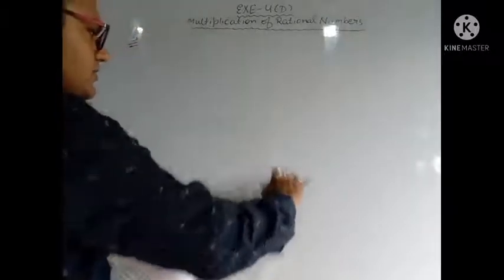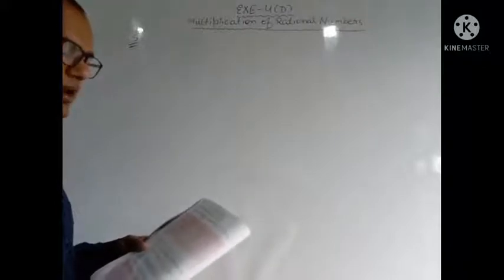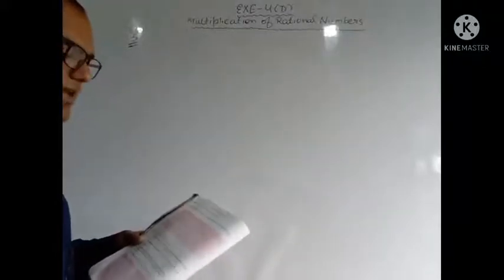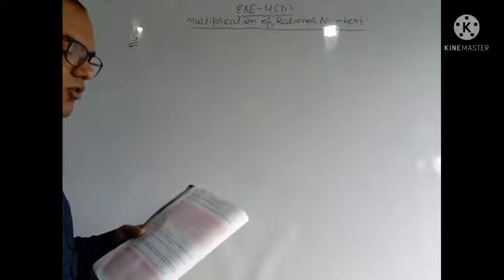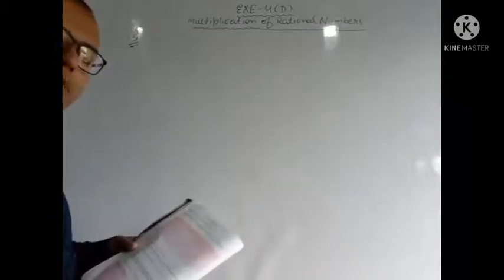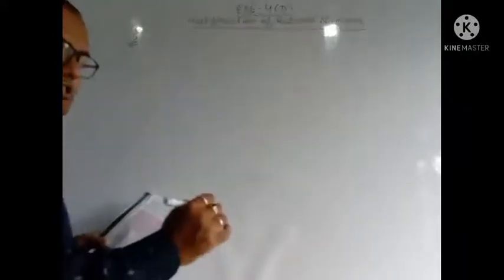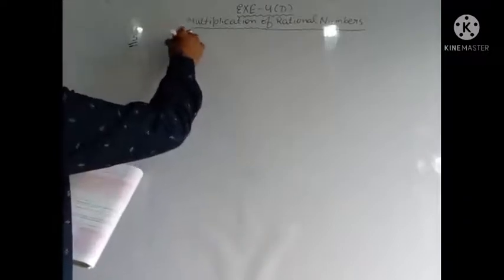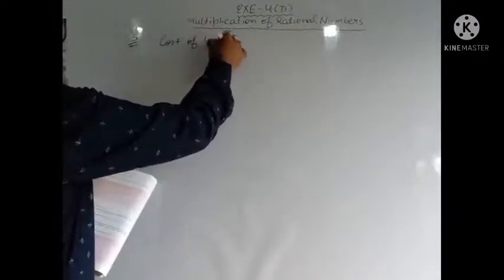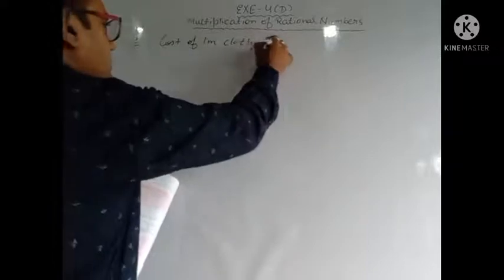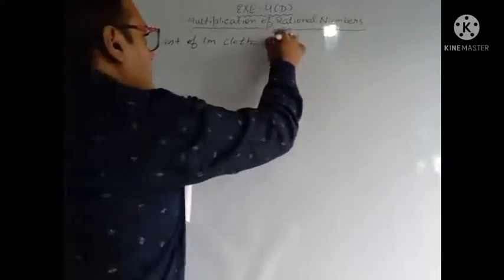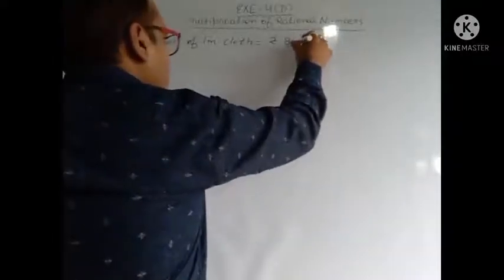Find the cost of 7 whole 1 upon 2 meter of cloth at rupees 80 whole 4 upon 5 per meter. Per meter means the cost of 1 meter is given. The cost of 1 meter of cloth is given in the question. Per meter cloth cost is 80 whole 4 upon 5.